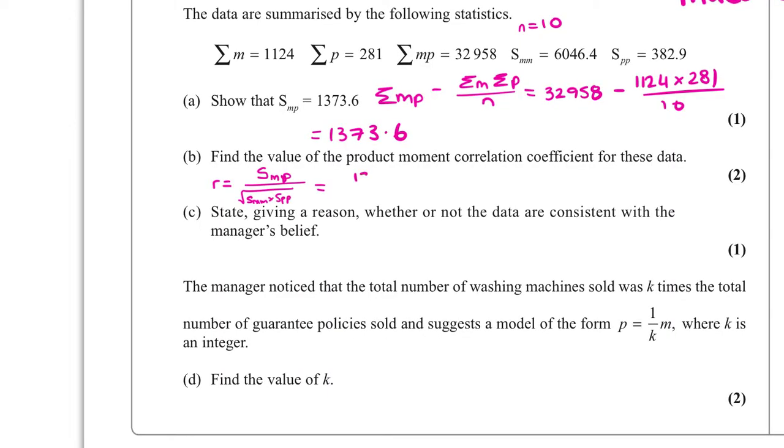So 1373.6 over the square root of 382.9 times 6,046.4. And what do I get? Remember, it hasn't told us, but what should we always do? 3 significant figures. I get 0.9027, etc., which is 0.903.